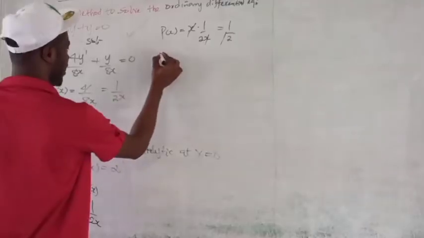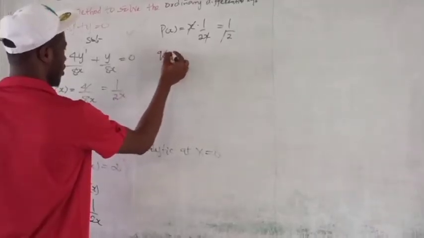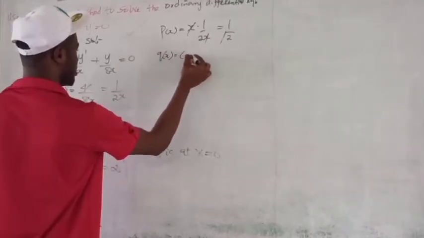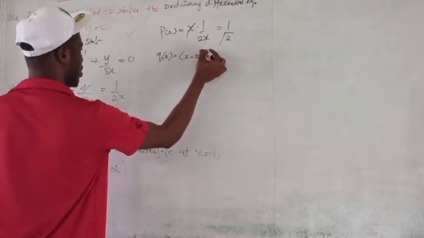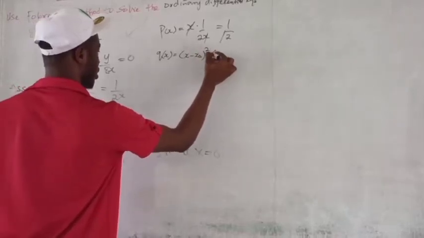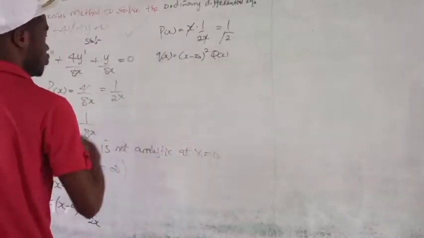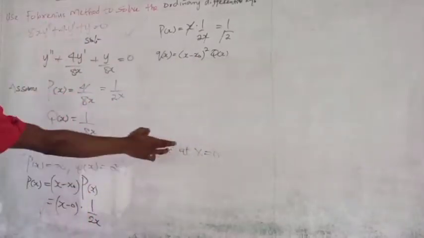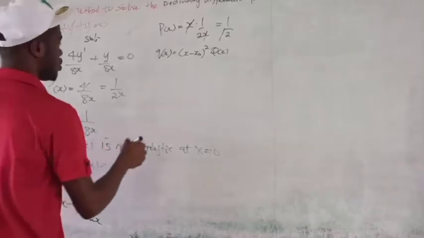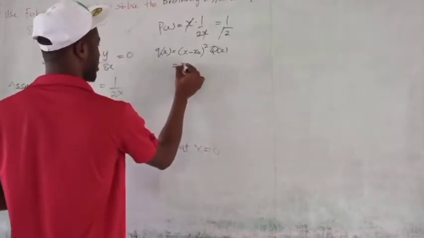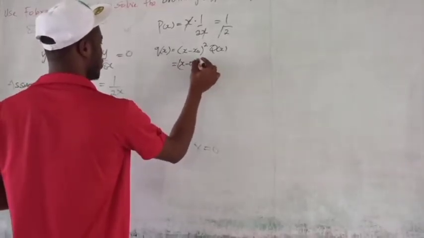So let's check for the small q of x. The small q of x, of course, is equal to x minus x naught squared times Q of x. We know that our x naught is equal to 0, so we are left with x minus 0 raised to the power of 2.